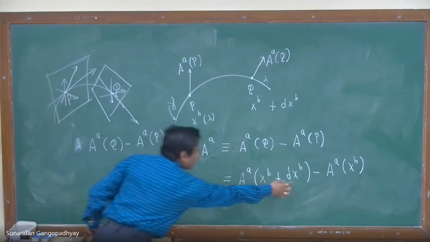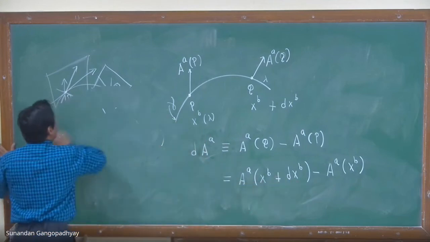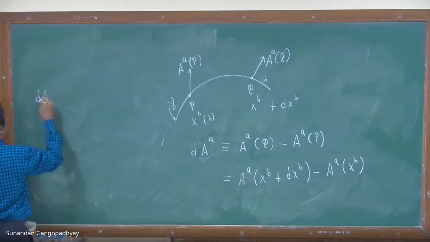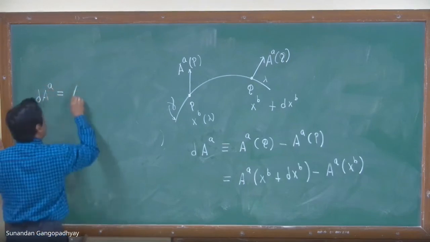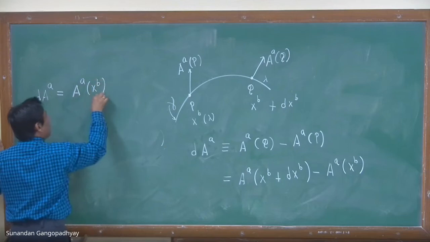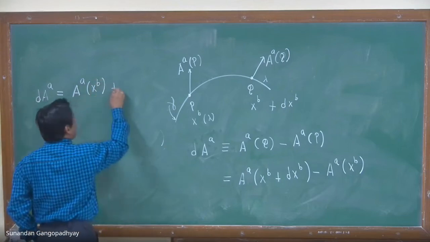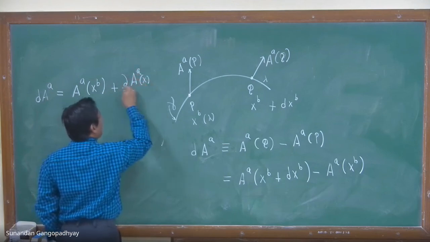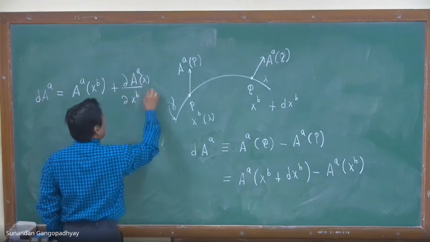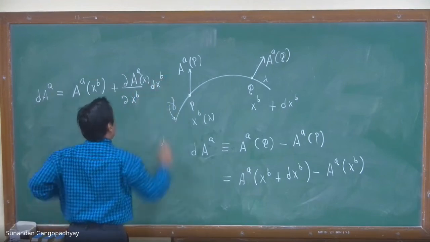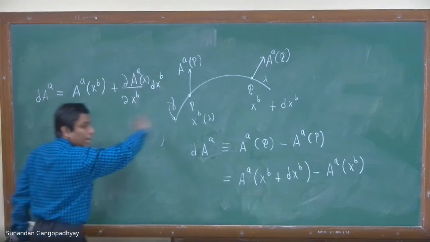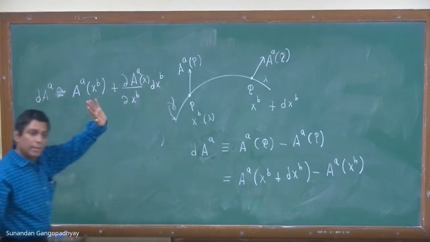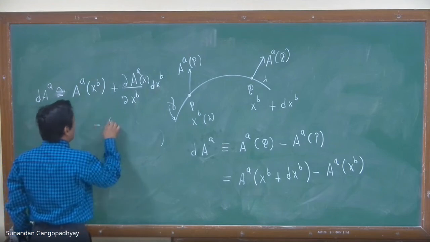Now, since this is infinitesimally small, we can make a Taylor series expansion. Therefore, A_a(x^b + dx^b) equals A_a(x^b) plus the derivative of A_a with respect to x^b times dx^b, and higher order terms in dx squared and higher which I neglect, minus A_a(x^b).